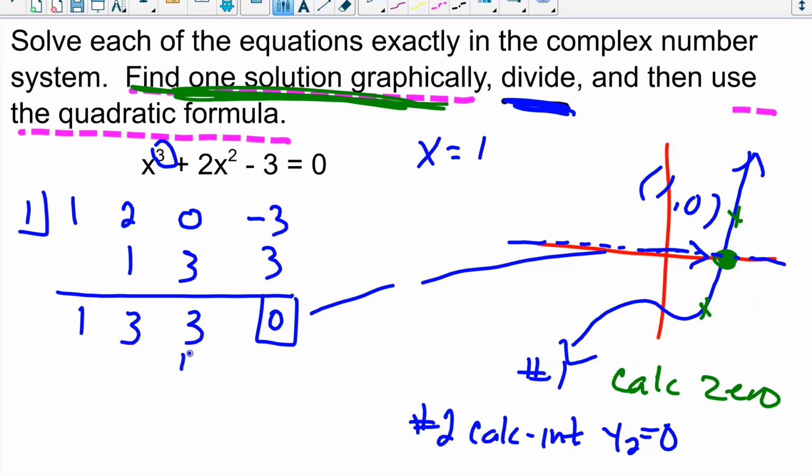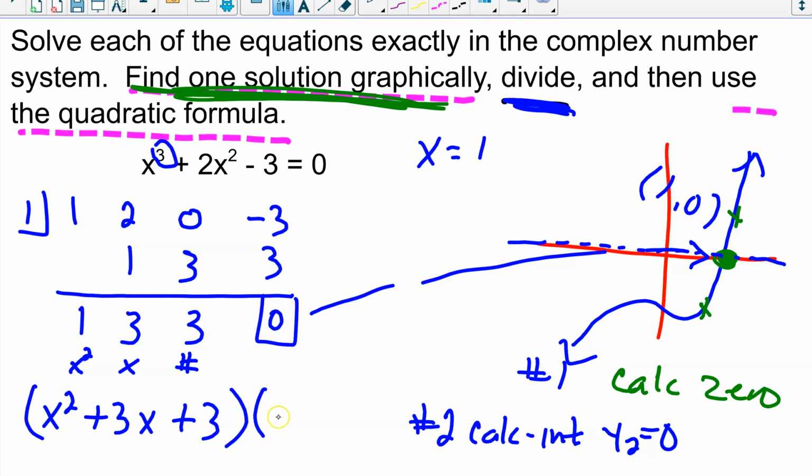So I end up with x squared plus 3x plus 3. And then our other factor was x minus 1, if I converted this into a factor, because it was a solution.